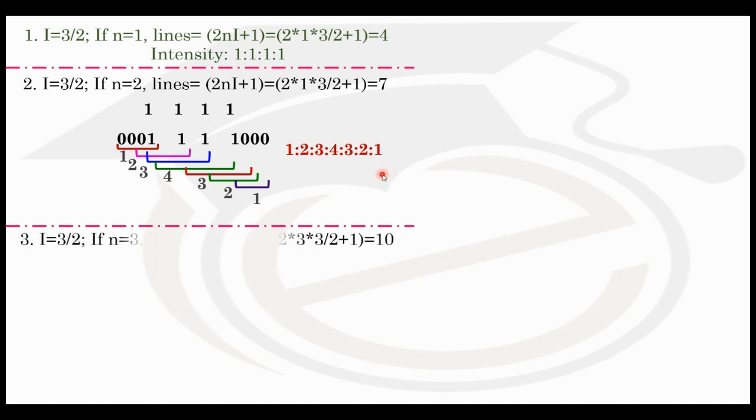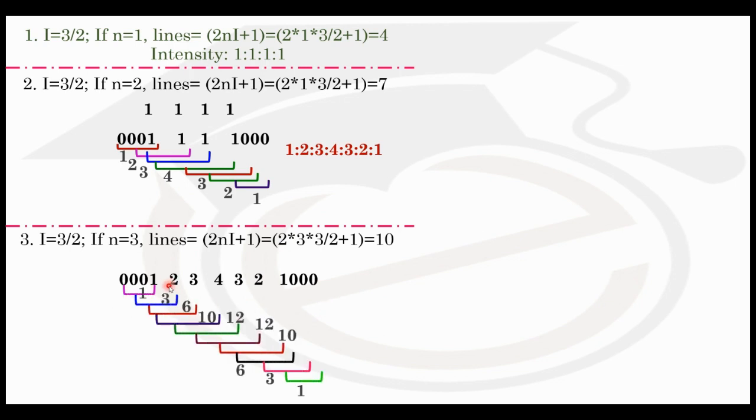Next, if n equal to 3, the number of lines will be 10. So we take this value and write 3 zeros in the left side, 3 zeros in the right side. We add first 4 numbers, next 4 numbers to get the intensity ratio, and the ratio will be 1 is to 3 is to 6 is to 10 is to 12 is to 12 is to 10 is to 6 is to 3 is to 1.